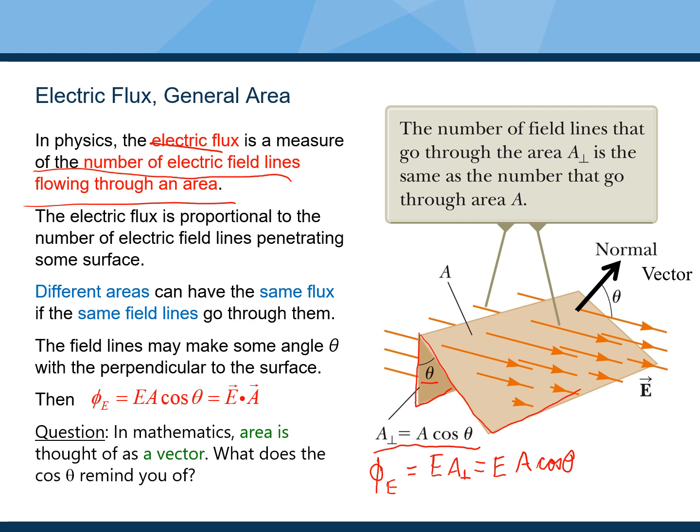The answer is that instead of thinking of area as being something that has units of meters squared, we think of area as being a vector. This vector, called the area, has a size that is exactly proportional to the area of the actual surface you're considering, but it has a direction that is pointed in the normal direction to that surface.